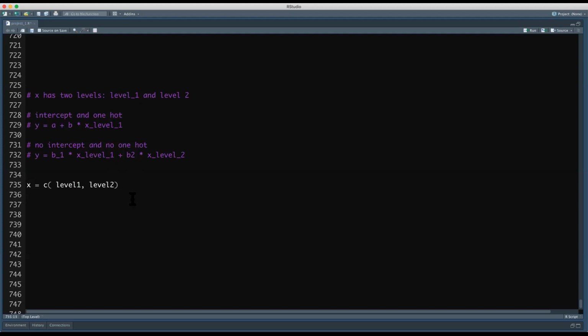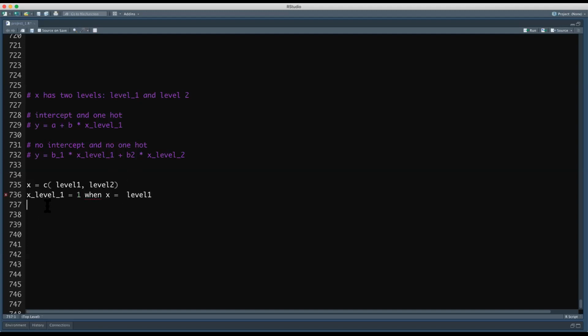By one-hot encoding, we just create a variable X level 1 equals 1 when X equals level 1.